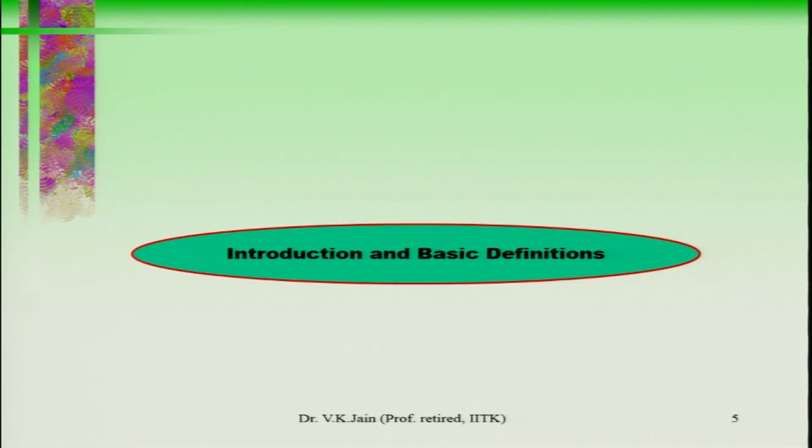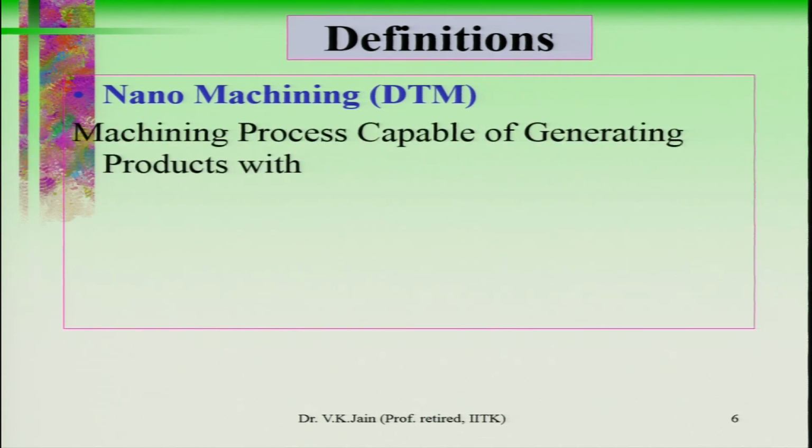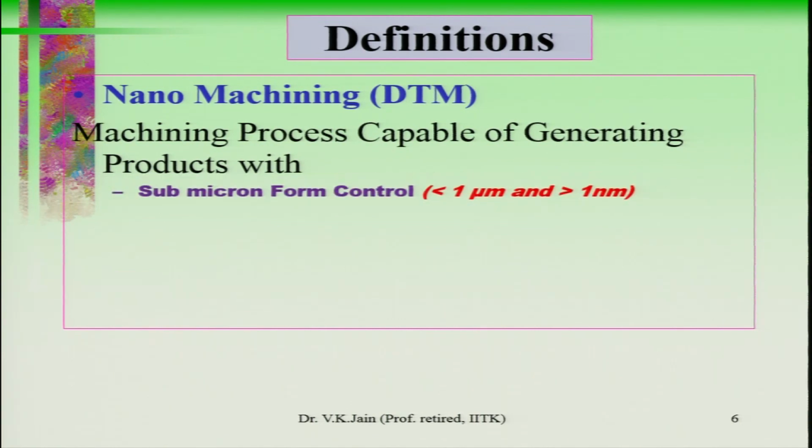Now, I will give you an introduction to DTM, diamond turn machining machines, and some basic definitions. We will deal with nano machining. Normally DTM is used for nano machining, a machining process capable of generating products with sub-micron form control, that is less than 1 micrometer or greater than 1 nanometer.